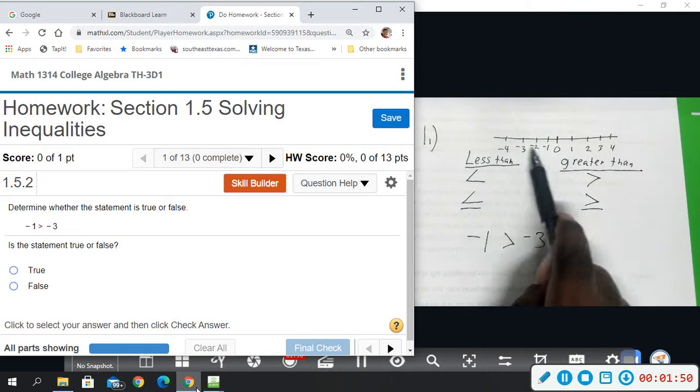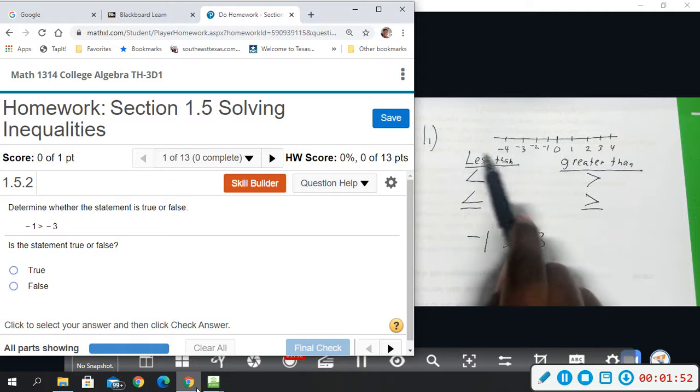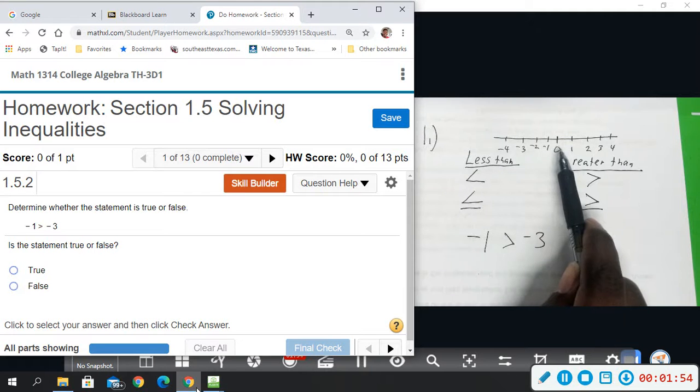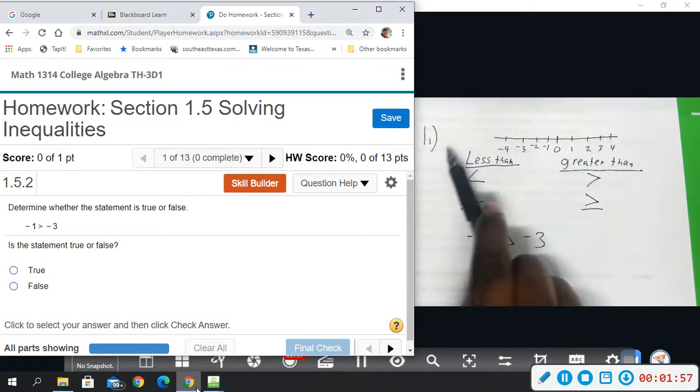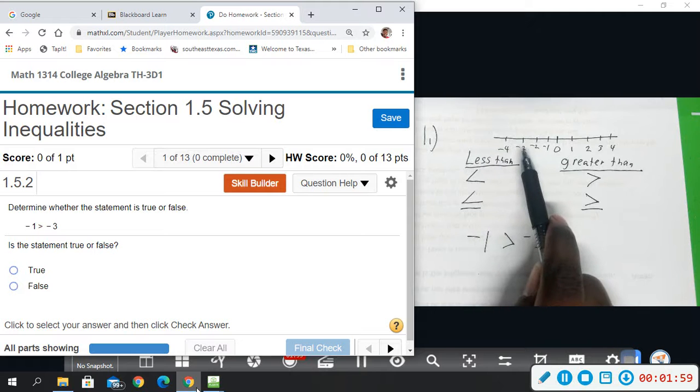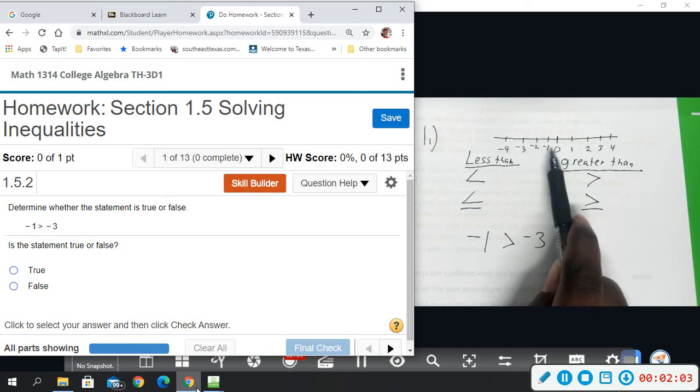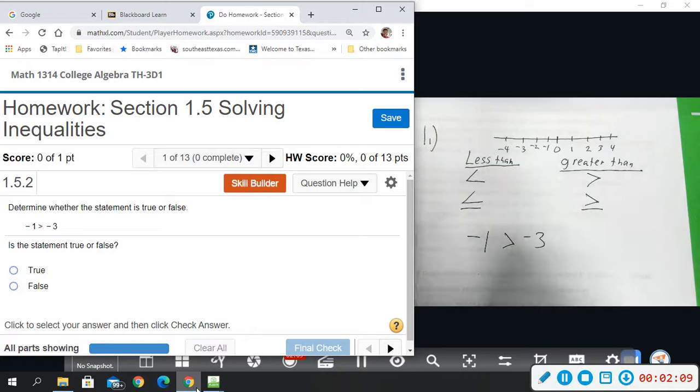As we go further away from 0, the numbers are getting smaller, like going to the left. All right, so as I go further this way, we're getting smaller and smaller. So -3 is actually less than -1. Or we can say -1 is greater than -3 because it's closer to 0. And that's exactly what this statement says. -1 is greater than -3, which is true.